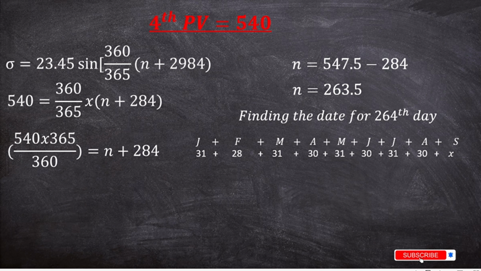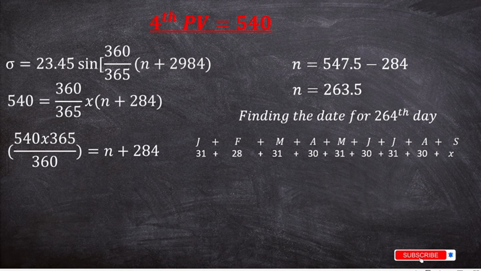Now, how many 31s do we have? We have January, March, May, July, and August. We add them, add the 30s, and we are left with x.